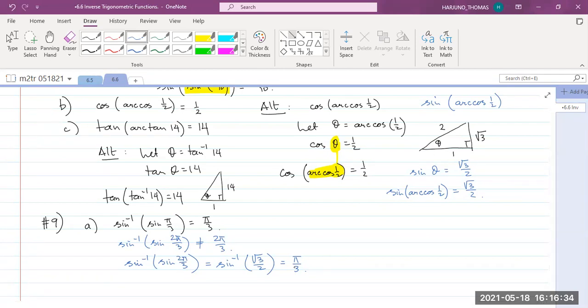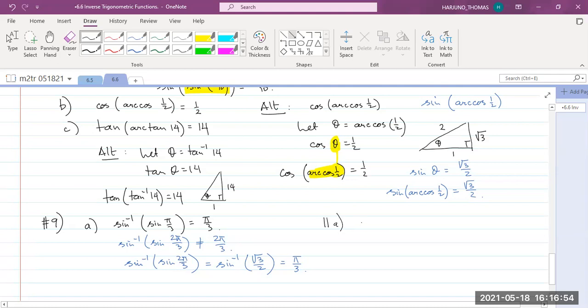So for this type of question, it's better for you to just do it inside out. Let's say, for example, this is number 9a, and I jump to number 11a.